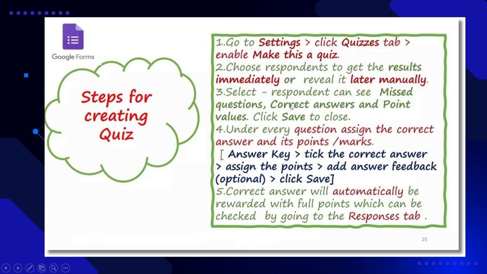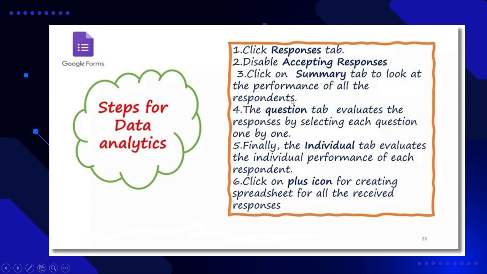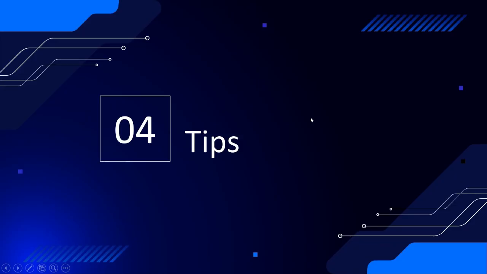We have talked about quizzes, and that is part of the data analytics which I have shown earlier. Some tips which you can follow while creating a Google form: keep the form concise, avoid long forms to prevent students from losing interest.